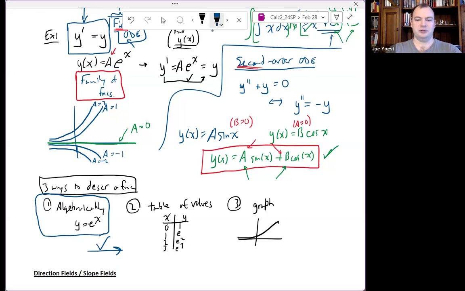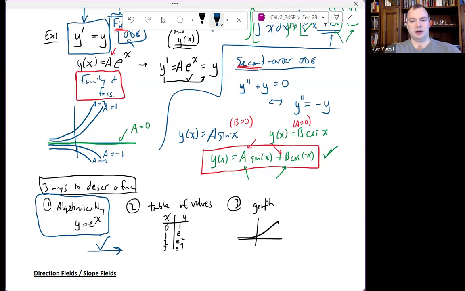I can generate the other two from that. If you just give me a table of values, I can't infer what the algebraic structure is. If you just show me a graph, I can't definitively say what function it represents. I might be able to make a pretty good guess based on the graph or the table of values what the algebraic relationship might be, but I can't say it definitively.